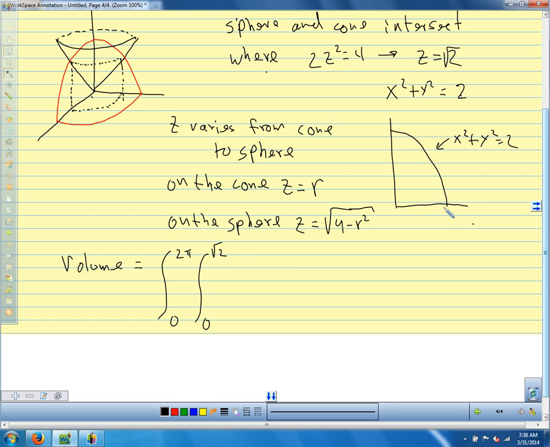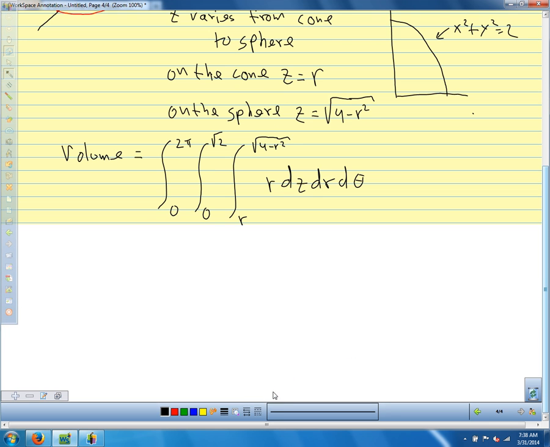The radius of this circle is square root of 2. And z varies from r on the cone to square root of 4 minus r squared on the sphere. And my volume element, r dz, dr, d theta. So there's our volume. And we can evaluate this integral, not a difficult integral to evaluate.